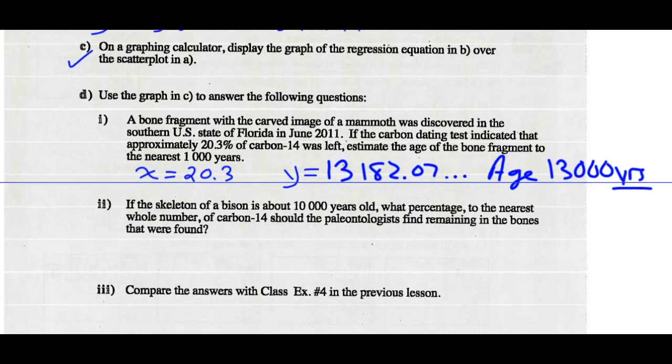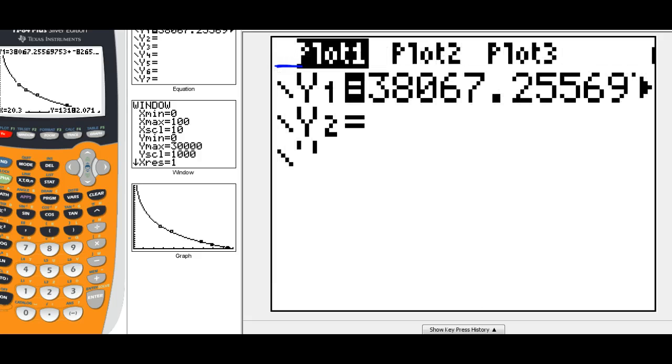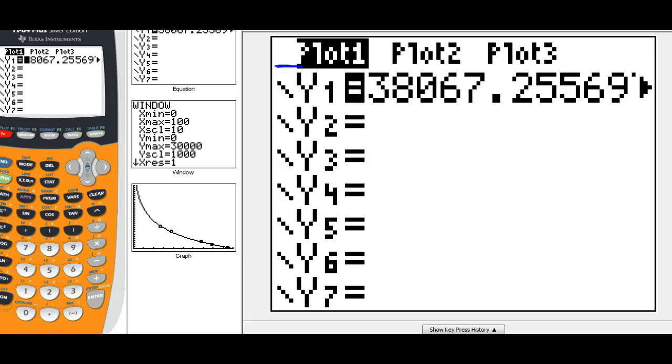And part 2. If the skeleton of a bison is about 10,000 years old, what percentage to the nearest whole number should be remaining? So now you have to go to y2 and type in 10,000 years, find that point of intersection, and list the corresponding x coordinate. So go to your y2 feature. In y2 we want to type in 10,000.